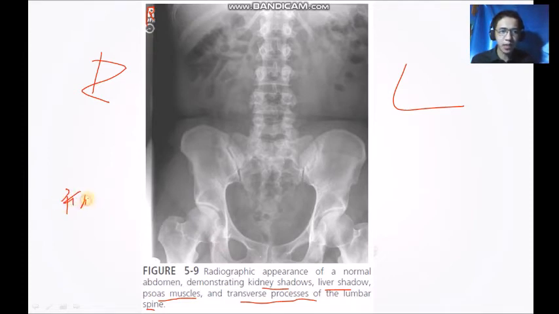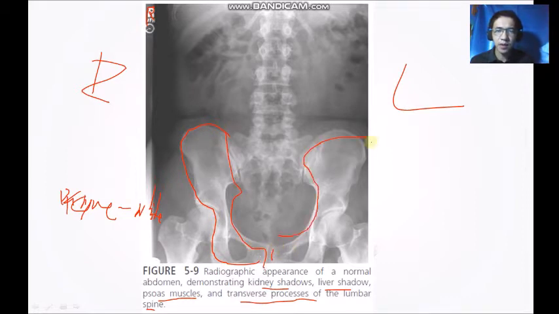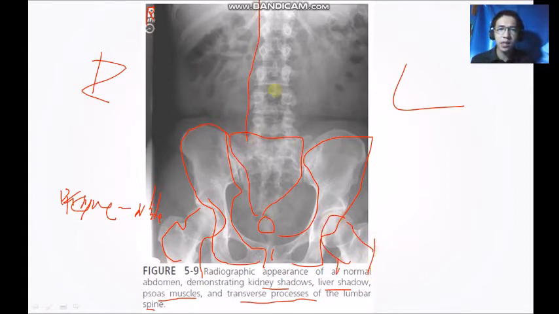Opaque ng mga materials. Radiopaque, that is white. So for example, you have your bony structures, you have your pelvis, you have your femur, the proximal ng mga femur, the femoral heads, you also have the coccyx here, you have the sacrum, and then you have the vertebral bodies, you have the ribs, but they appear white. They appear as radiopaque. Okay, that means they absorb a lot of X-ray.